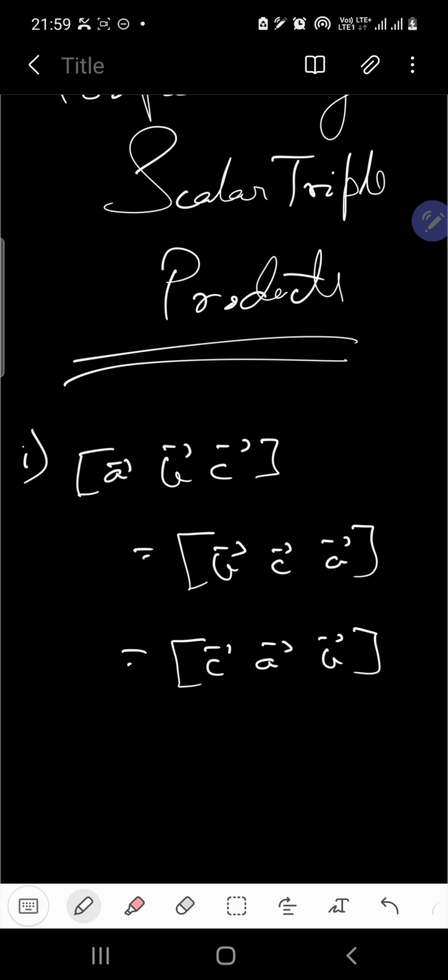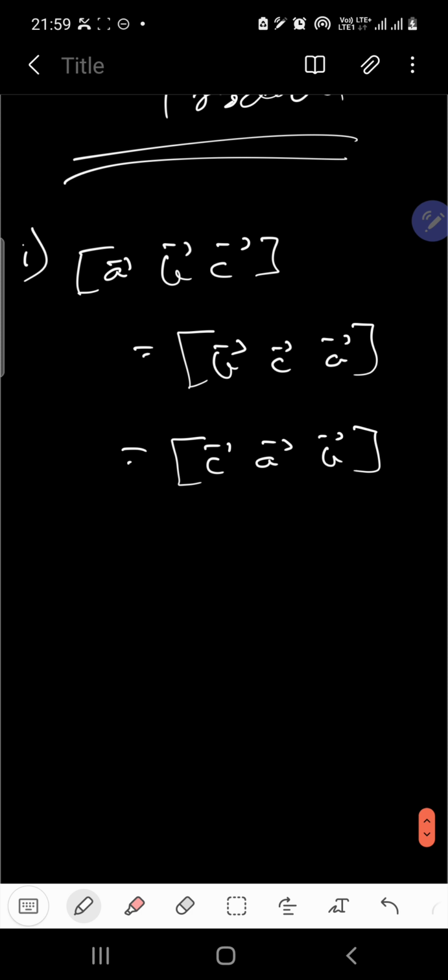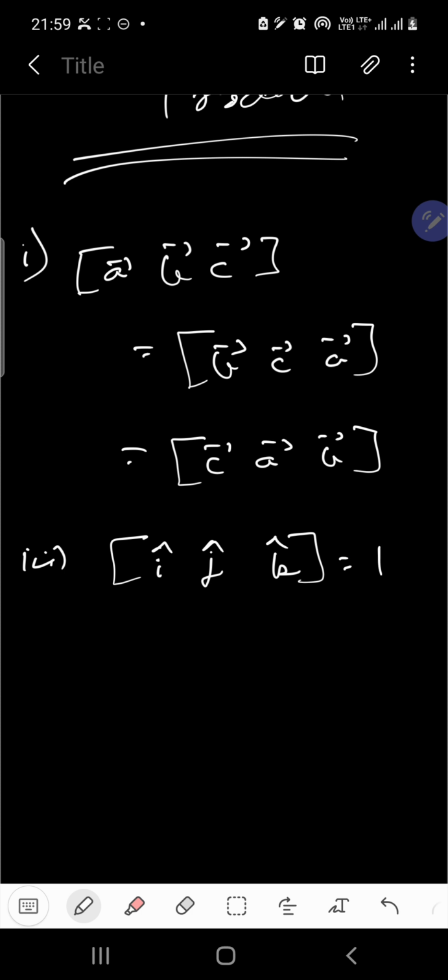Clear? Clear? Box product of i, j, k is 1. Box product of i cap, j cap and k cap is 1. Clear? Got it?